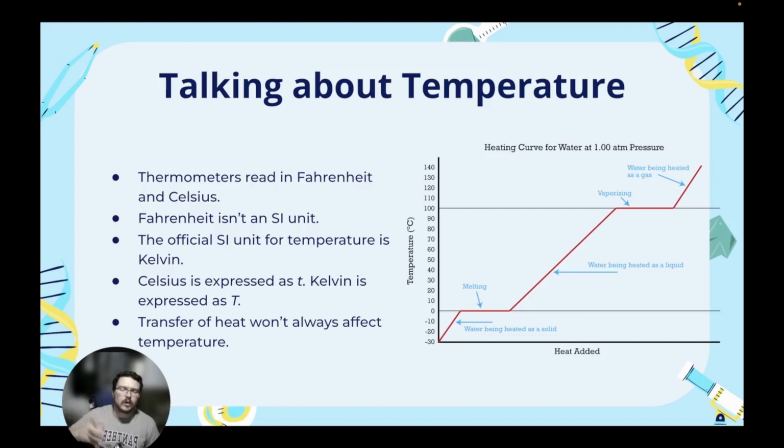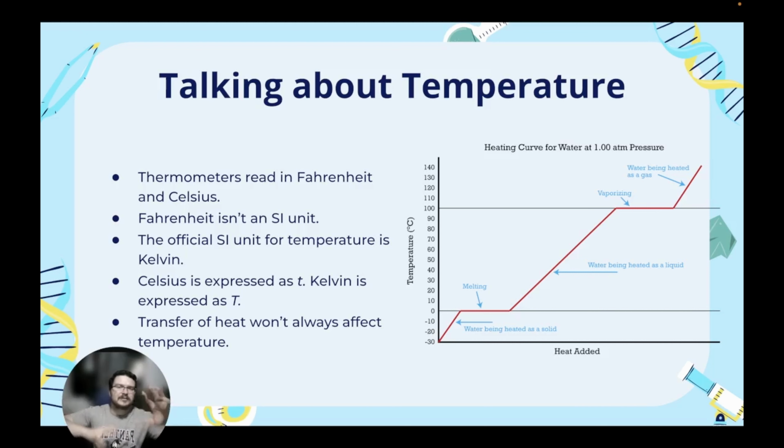Once the water has been heated as a liquid, we reach the boiling point, or the point of vaporization of that liquid. And again, we get a point of stagnation where the temperature is not changing, but the amount of heat that is being added to the substance is still increasing. At about 100 degrees Celsius, the boiling point of water, the temperature stays the same, because the particles are moving at different speeds.